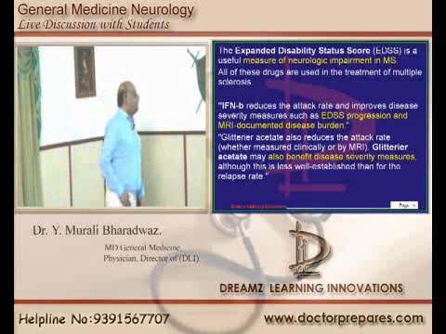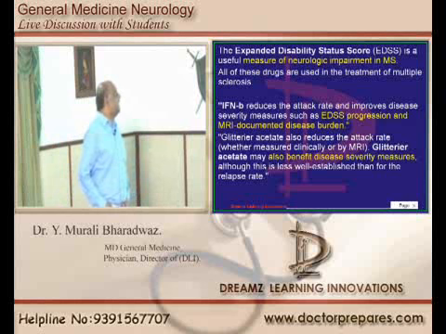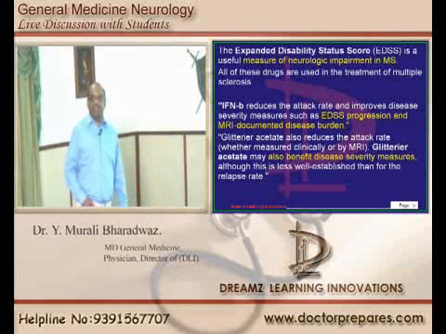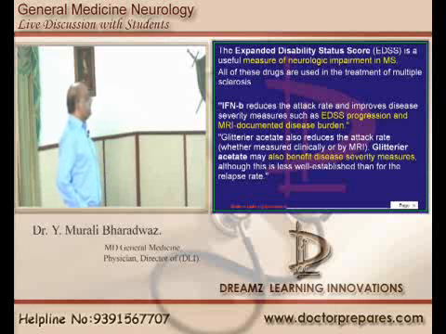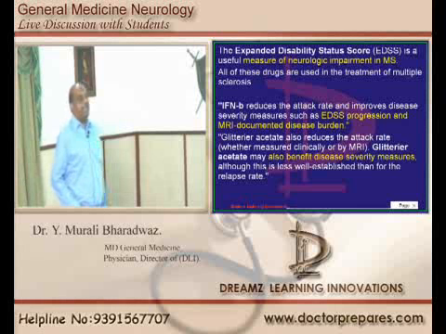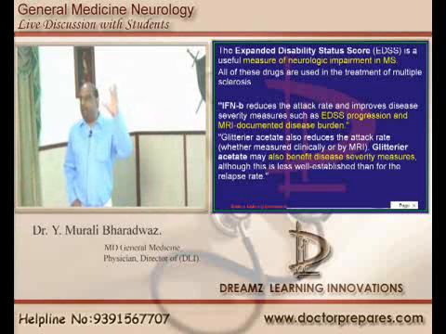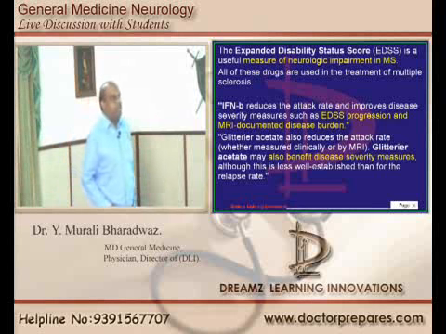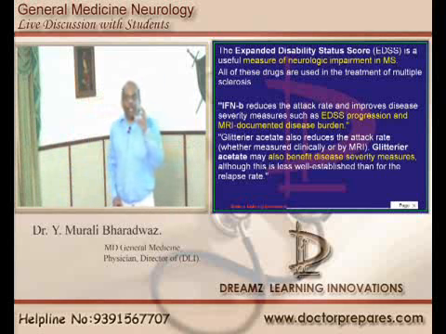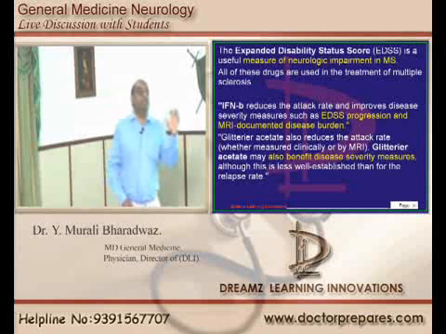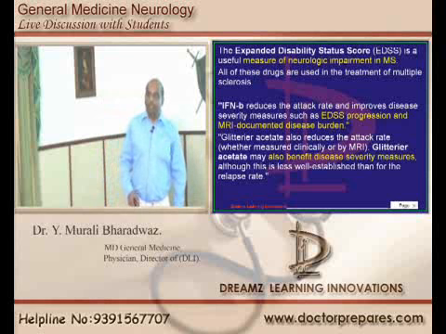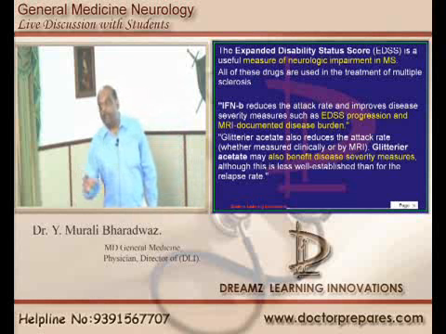It is the interferon beta which will reduce the attack rate, improve the disease severity measurements, and typically decrease the MRI documented disease burden. What do you mean by MRI documented disease burden? How do you calculate the disease burden of multiple sclerosis on MRI? Multiple sclerosis leads to demyelinating plaques.